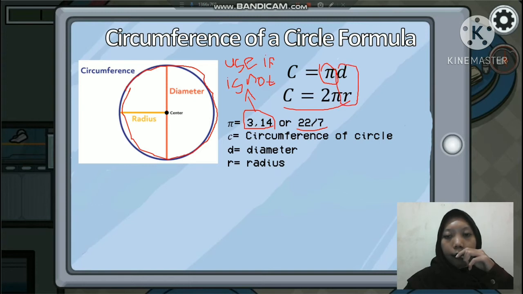We use 22 divided by 7 if the radius or diameter is 7. The sentence I wrote here may not be readable because of my typing.